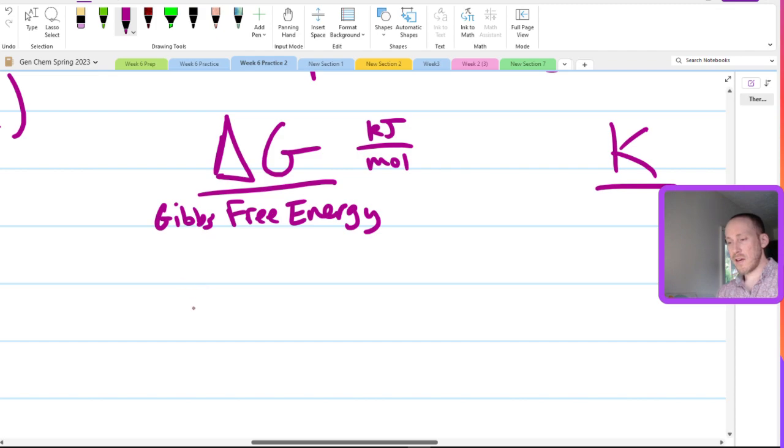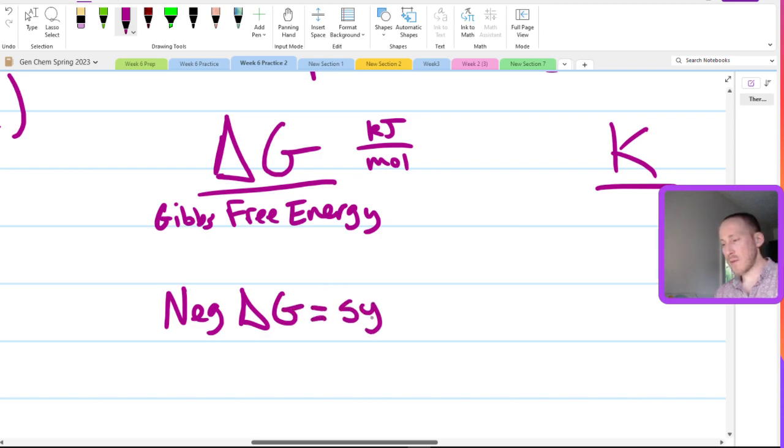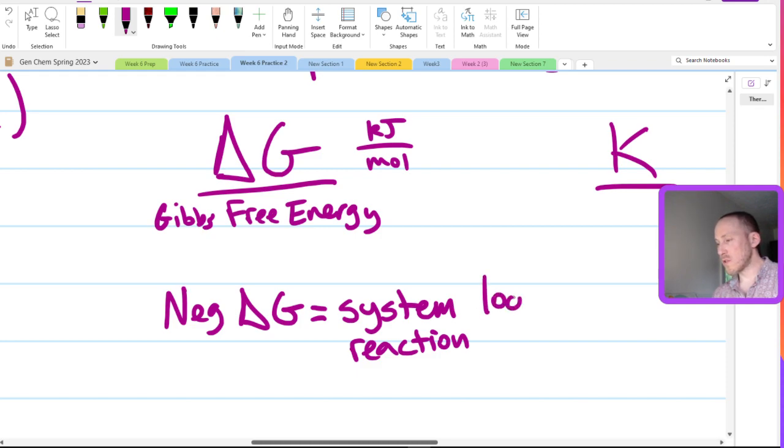And if delta G is negative, that means that the chemical system, the reaction that you're talking about, will lose energy, and that makes it happy.